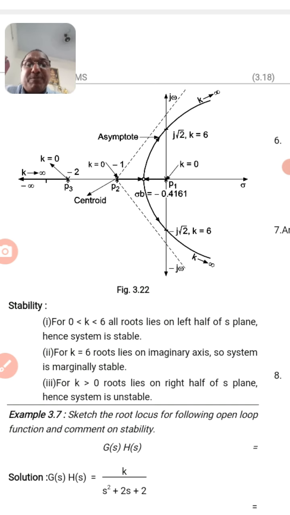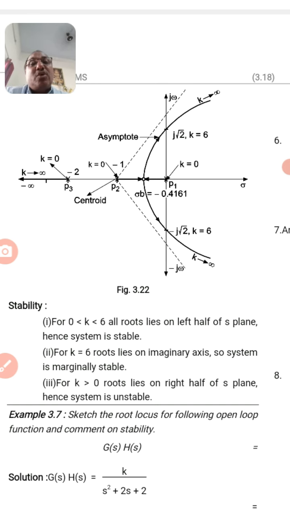If I put k, an amplifier or any system, between 0 to 6, the system will be stable because all roots will lie on the left hand side of the S plane. For k is equal to 6, roots lie on the imaginary axis, so the system is marginally stable at k is equal to 6, because this root locus intersects at 6.